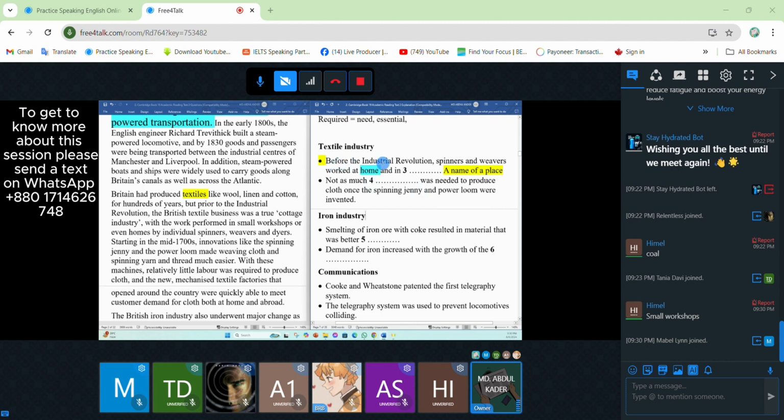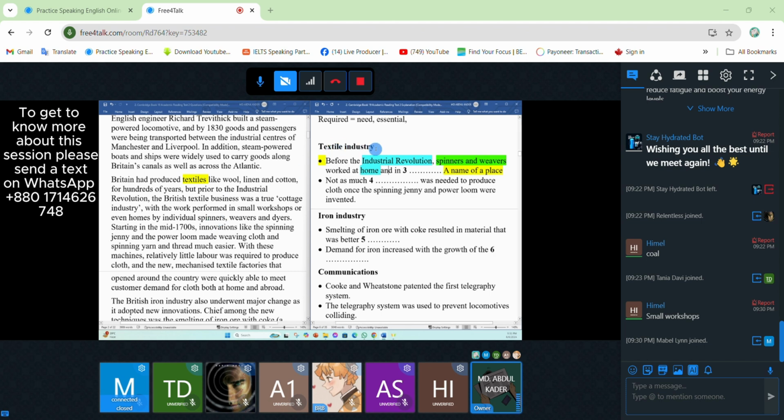Before the industrial revolution, so we should consider before an industrial revolution. That is one keyword. Another keyword is spinners and weavers. So industrial revolution, spinners and weavers, worked, home. These are the keywords. Let's find the location.